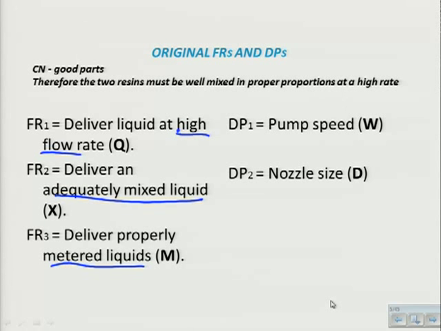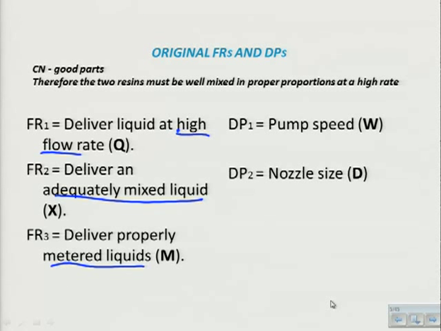Adequately mixed is because if these are two components that need to react, and they're not mixed well enough, you've got poor quality control. You've got some part that's sort of sticky because it didn't get enough of one component and it didn't completely react. And then metering: if you don't get the right proportions of the two, you need something close to a stoichiometric mixture of these components in order for that to work.